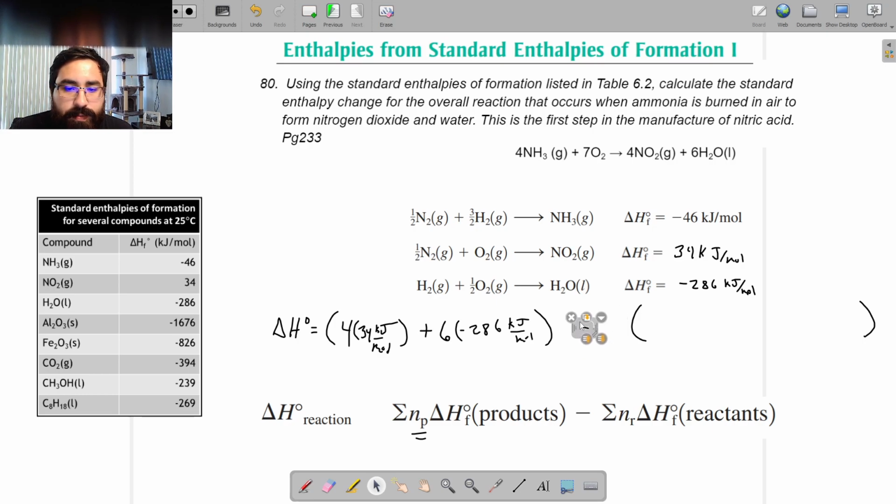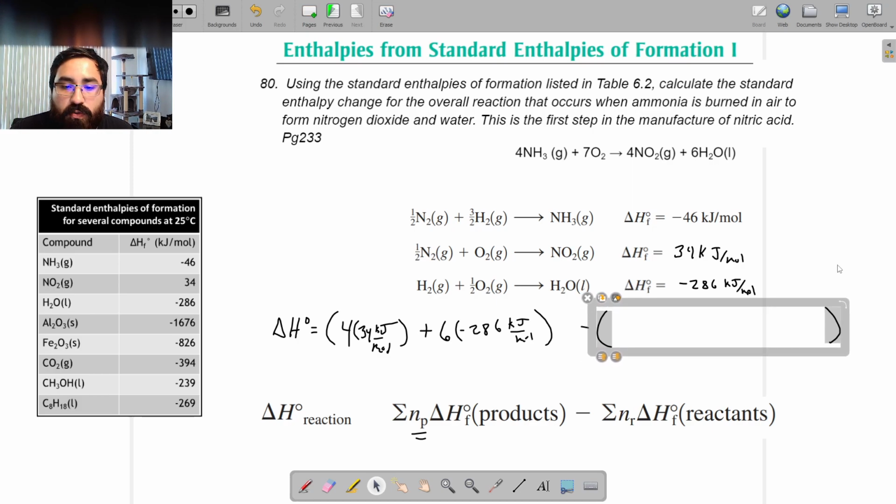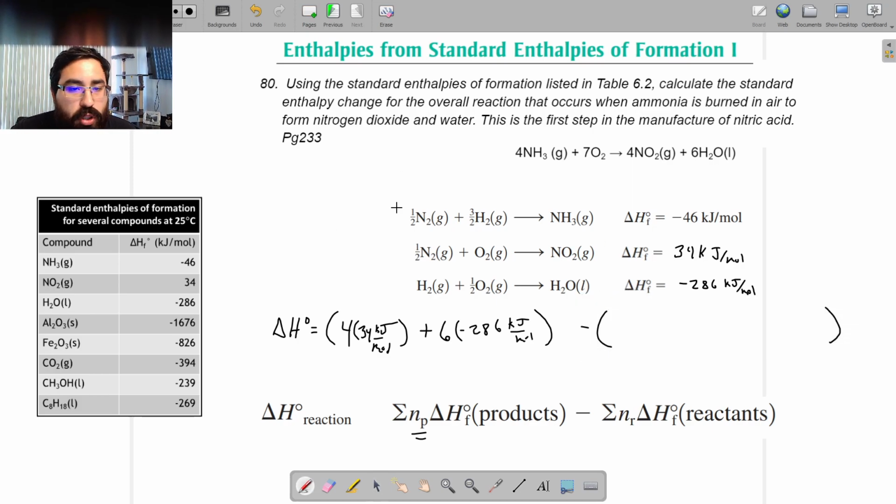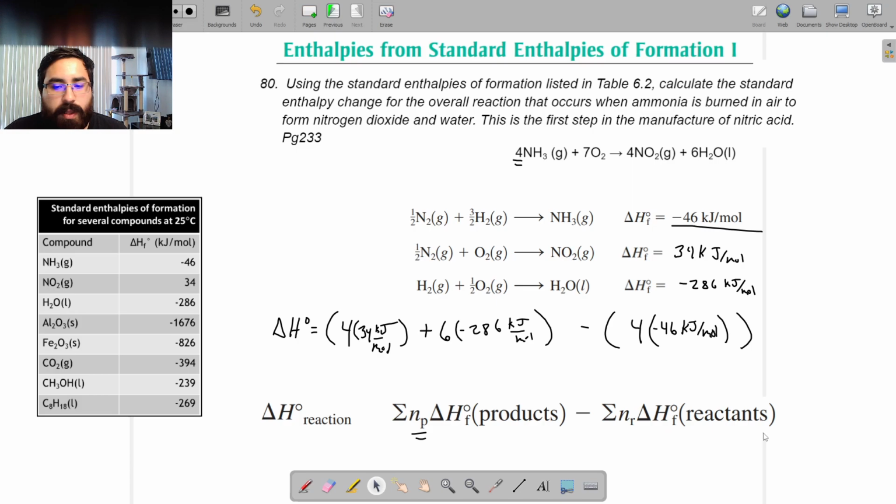And then let's do the delta H of the reactants. So for NH3 it was negative 46 kJ per mole. However, we had 4 of them, so we're going to put a 4 right here. All right. So there we have it.